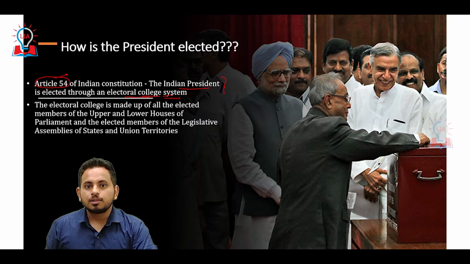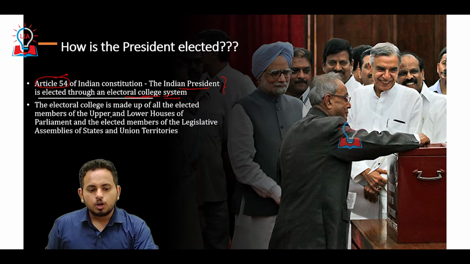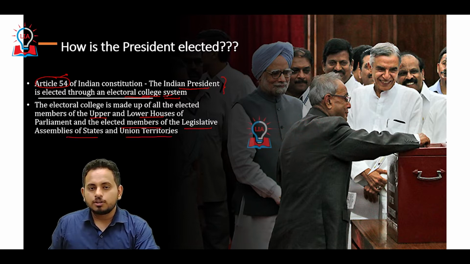Who are the parts of this electoral college? It consists of, you can see here, the elected members of Lok Sabha, Rajya Sabha, and also the elected members of legislative assemblies of states and union territories.